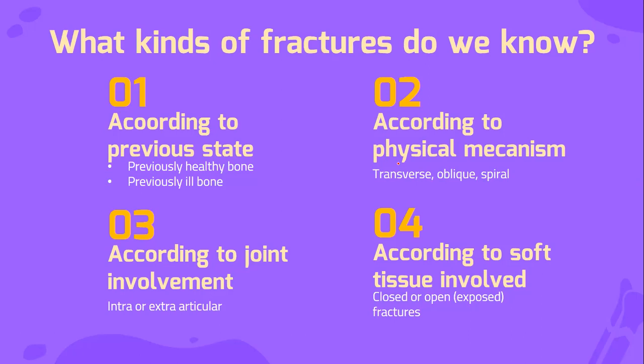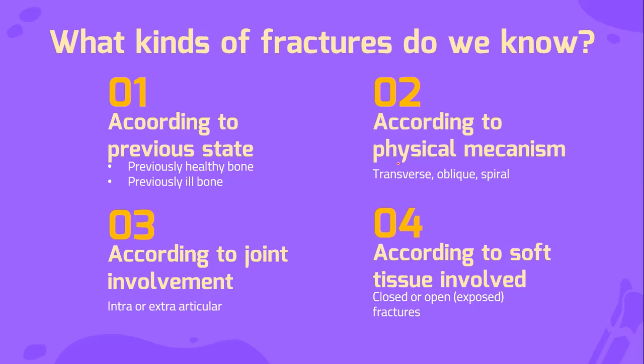So we also have some fractures that are related to joint involvement. Those would be intra or extra articular fractures. So what are the most serious ones? Well, of course, those that are related to the joint, the intra-articular ones. Those are the most serious because they would also be related to damage of other structures rather than just bones.